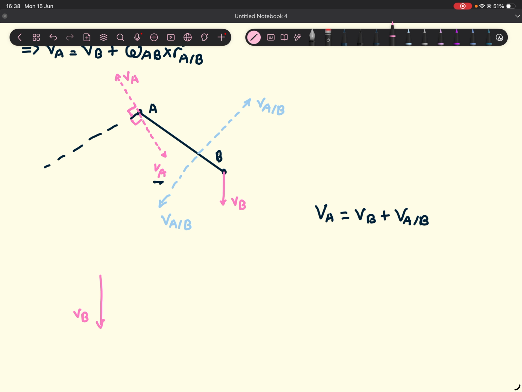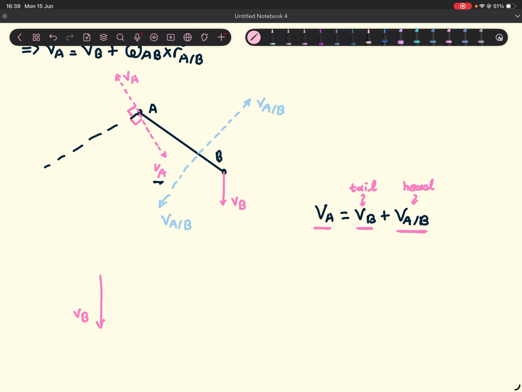So we're going to start with VA. VA must start at the tail of VB and must end at the head of VA relative to B.